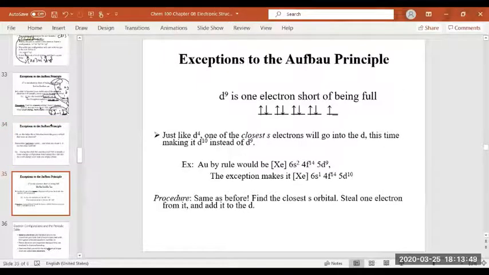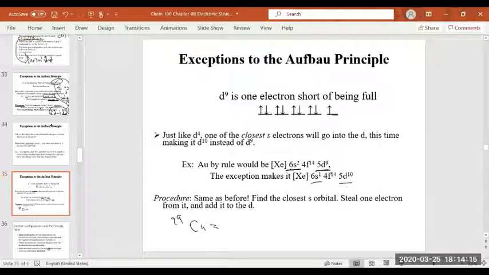So look here. We have this element. What do we have? We have the s, 6s2, and the 5d9. So here, what's going to be? It will be s1 and d10. Look at copper. Copper has 29 electrons. Now, guys, be careful.